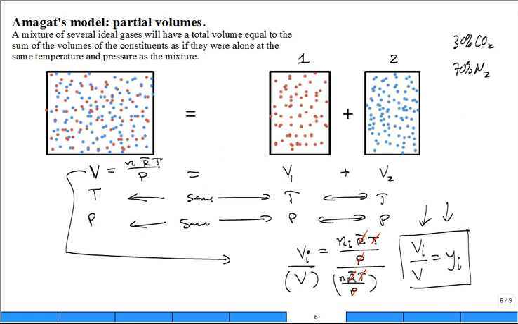If they say the gravimetric analysis showed 30% carbon dioxide and 70% nitrogen, that's saying the mass fractions are 30% and 70%. So remember those two things: volumetric analysis and molar analysis are the same thing for ideal gas mixtures. Gravimetric analysis and mass analysis are the same thing.